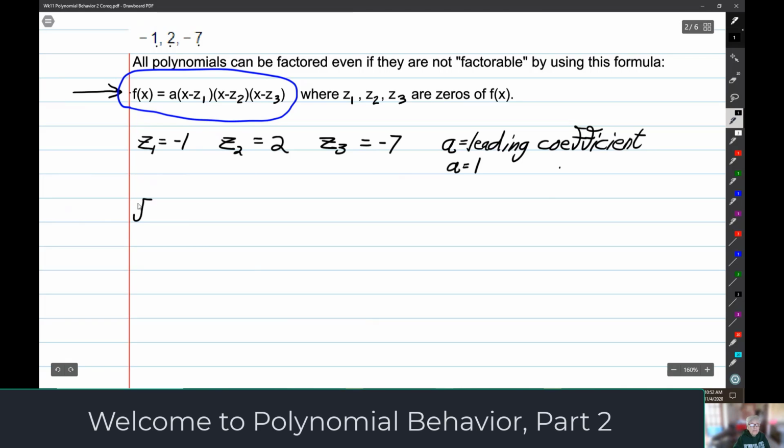Okay, so f of x is going to equal 1 times x minus z1 times x minus z2 times x minus z3.